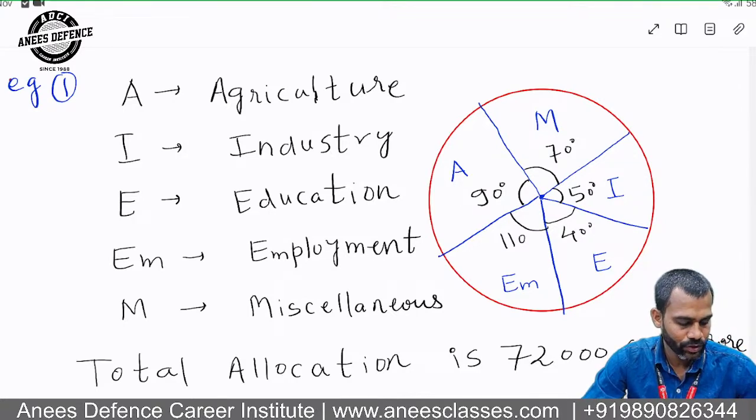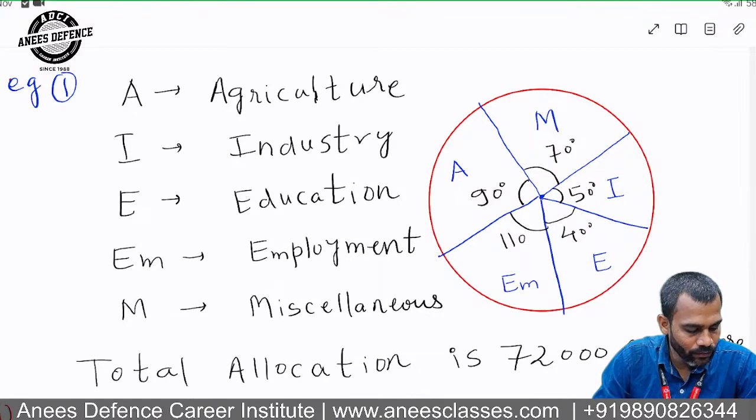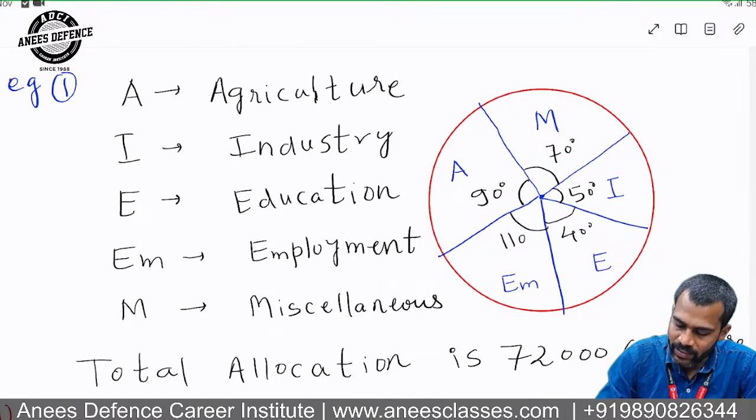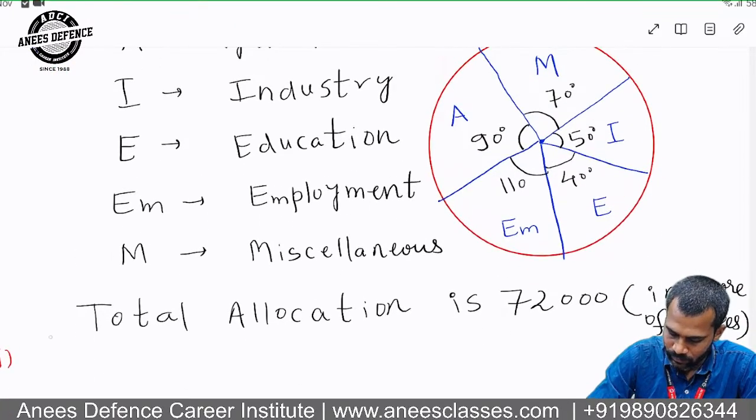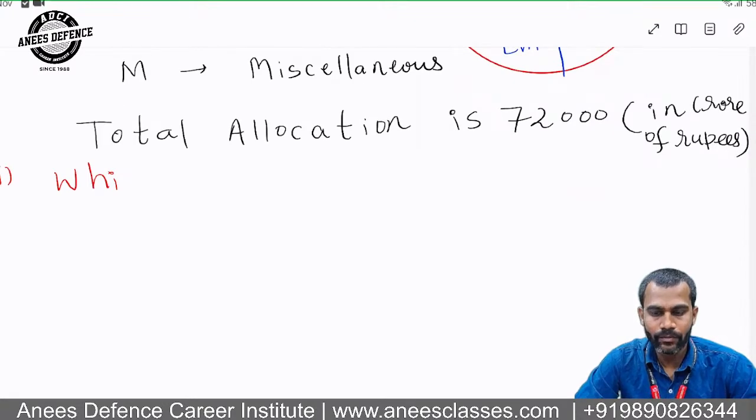Okay. Now the first question. Question number one. Which head is allocated the maximum funds? So this is the question. I hope you might have already drawn the diagram.